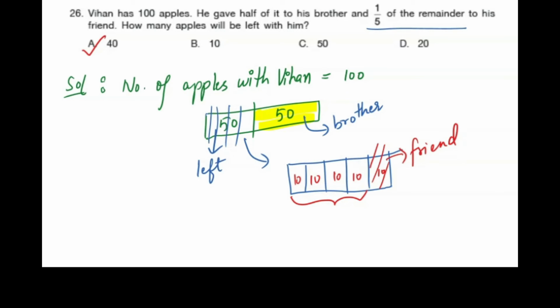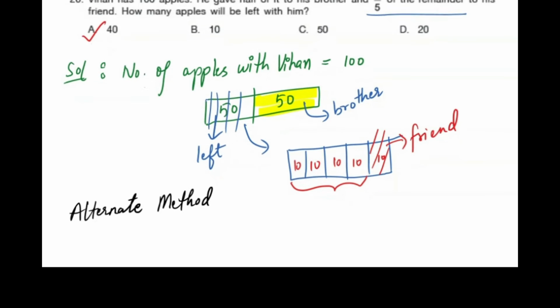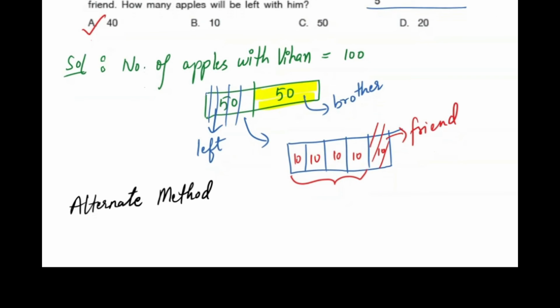We have an alternate method to solve this. If we just focus on the alternate method, without picture, it will be: total number of apples initially Vihan was having was 100.